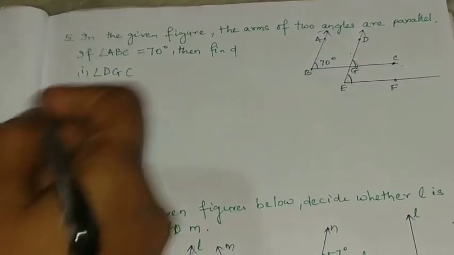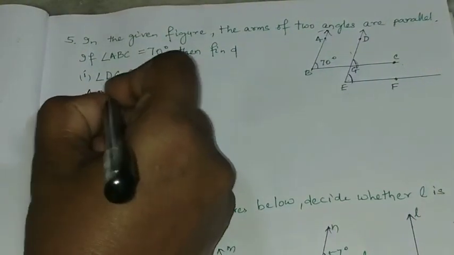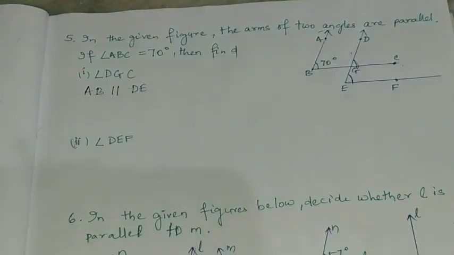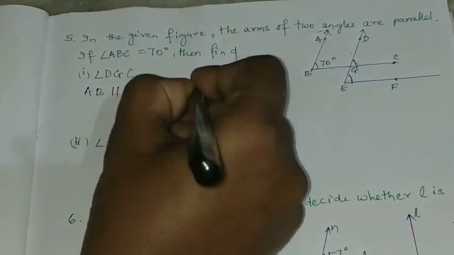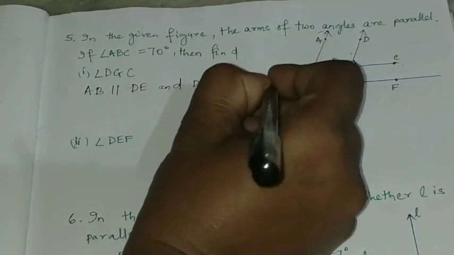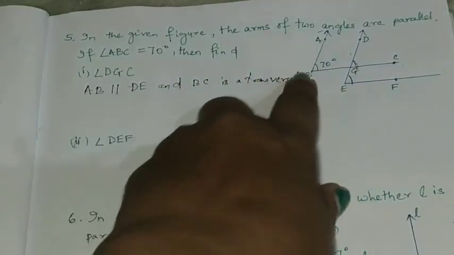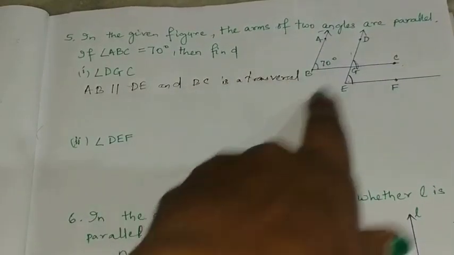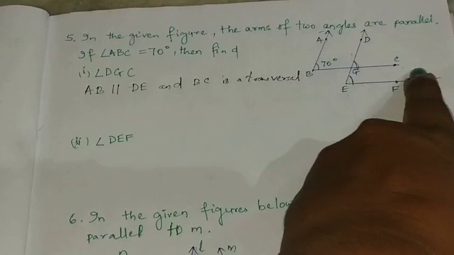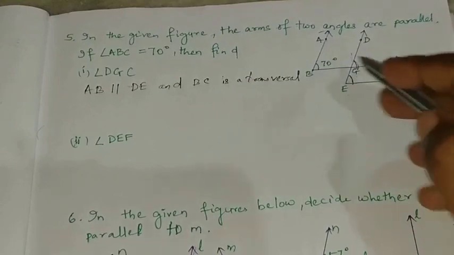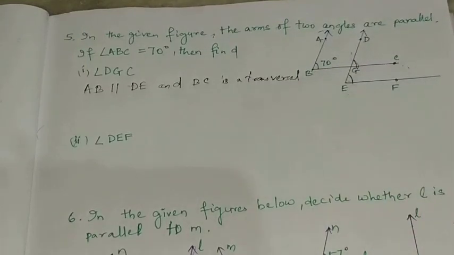So we can write line AB is parallel to line DE, and BC is a transversal. So what do we get? If AB is parallel to DE and BC is a transversal, then angle ABC equal to angle DGC, because these are two corresponding angles.